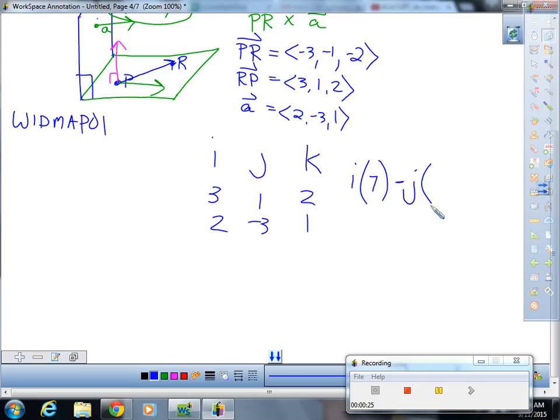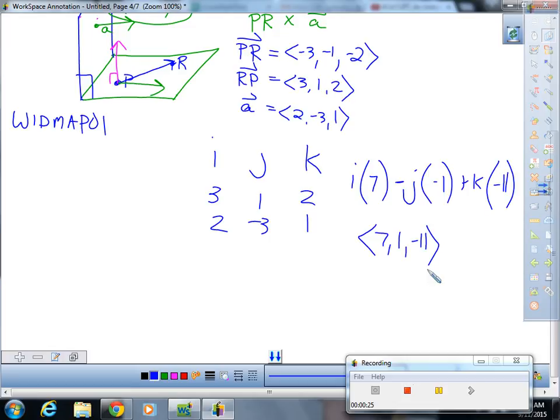Minus j times 3 minus 4, so that's a negative 1, plus k times negative 9 minus 2, a negative 11. So we know that that pink vector can be defined by 7, positive 1, negative 11.